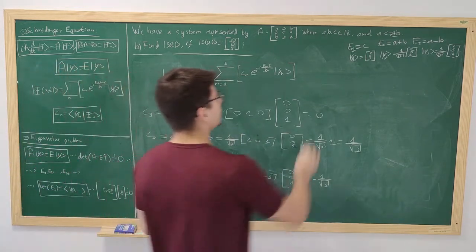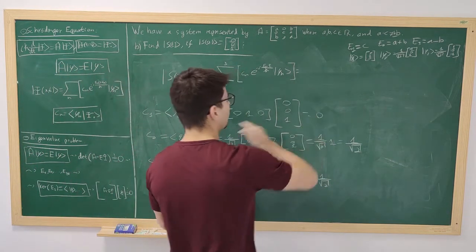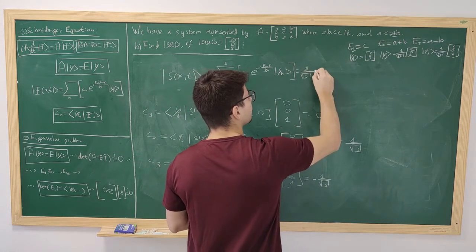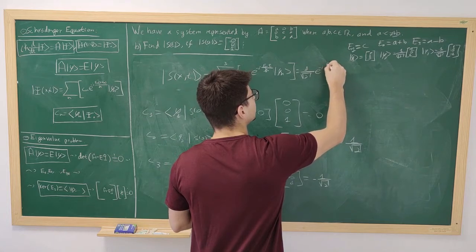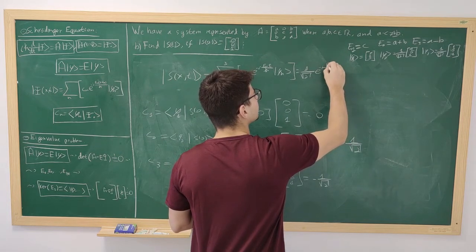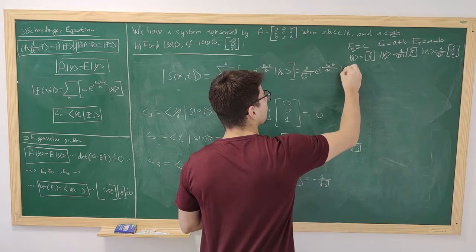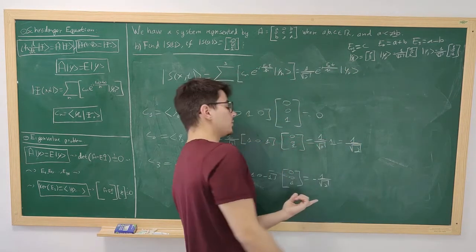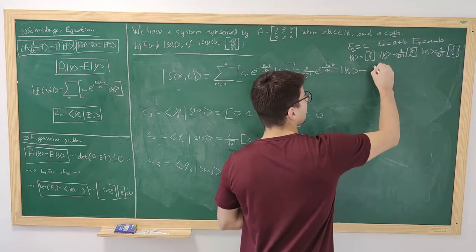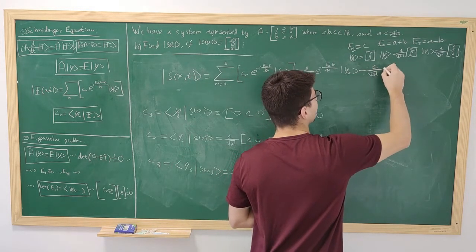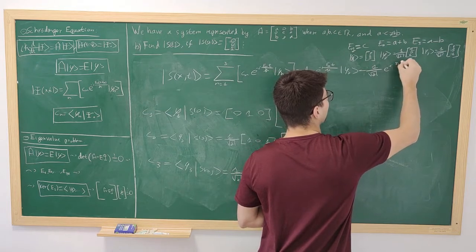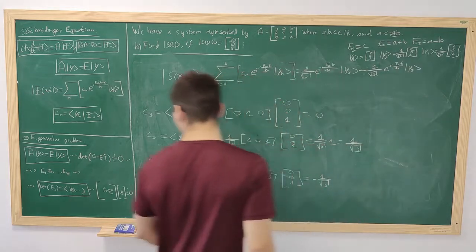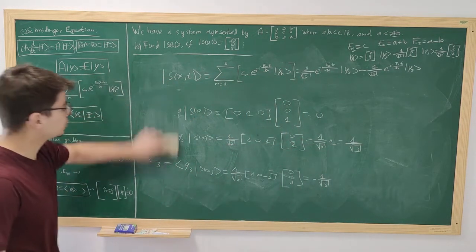So the time evolution in this case is just C1 is 0, C2 is 1 over the square root of 2, e to the minus i E2 t over h bar, phi 2, and because we have that C3 is minus 1 over the square root of 2, minus 1 over the square root of 2 of e to the minus i E3 t over h bar, like this. So this would be our solution.